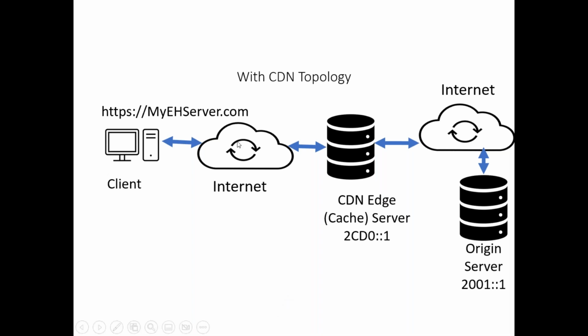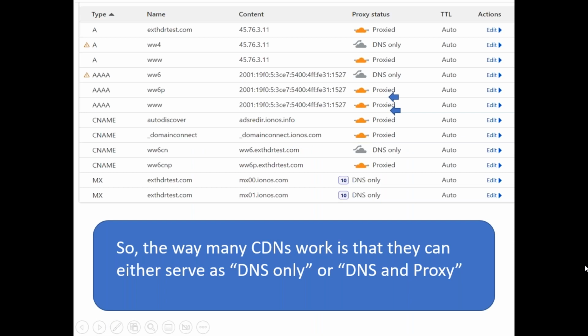You have the client, you have the internet, then you have some caching server located closest to you. Probably where I am, it'll be the San Jose server, something like that. And then there is another. Some CDNs have their own network, but by and large, it'll again go through the public internet to get to your origin server.